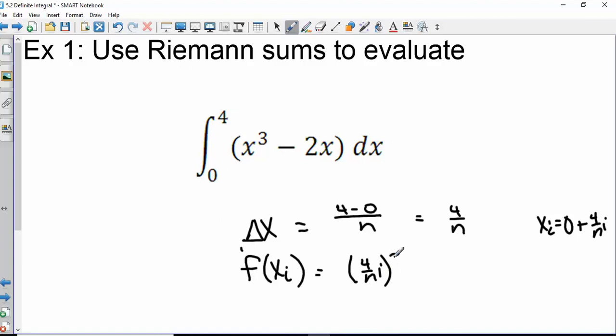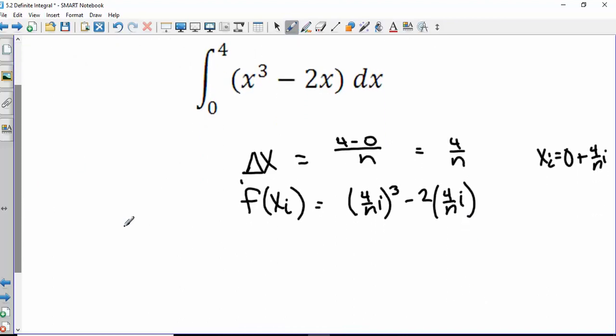4 over n i cubed, minus 2 times 4 over n i. If I simplify that, 4 cubed is 64 over n cubed i cubed minus 8 over n times i.